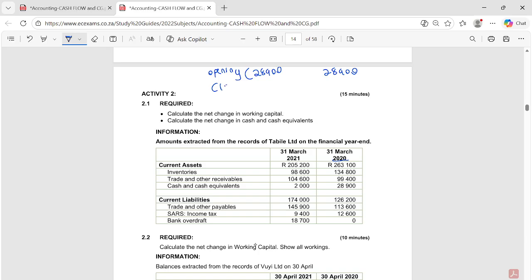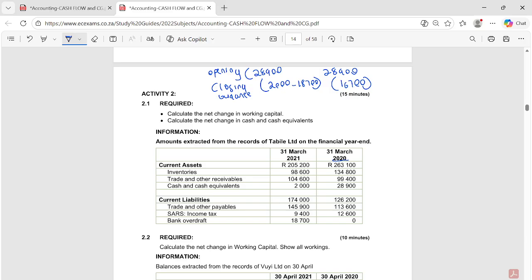And my closing balance: I'm having an inflow of 2,000, then a bank overdraft of negative 18,700. So 2,000 minus 18,700, I'm having an outflow of 16,700.